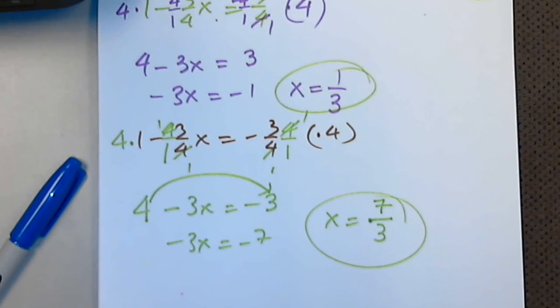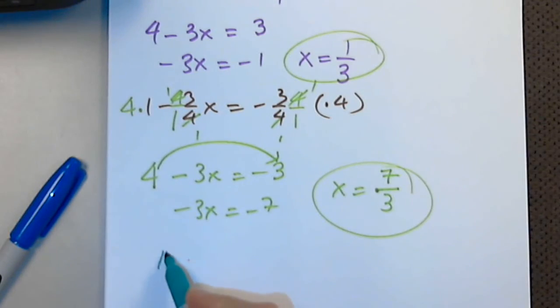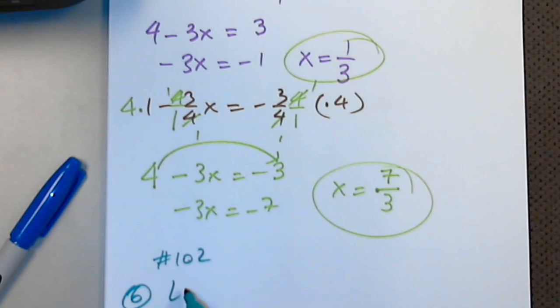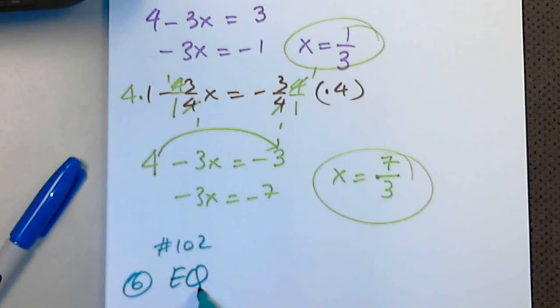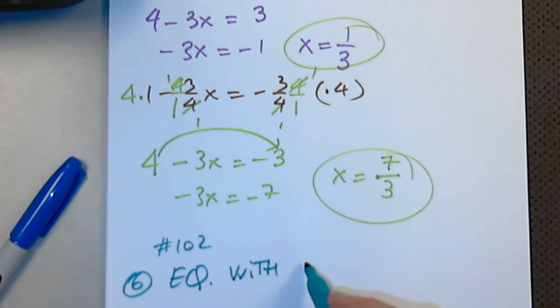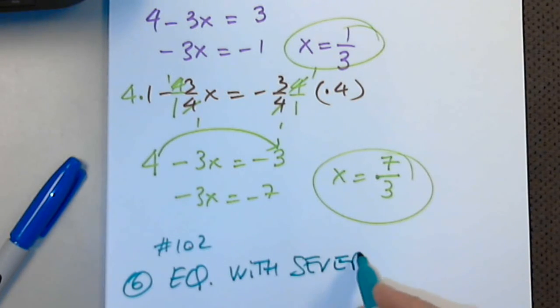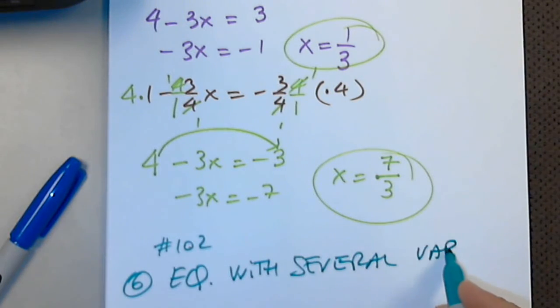And I want to, 101 is recommended, so I'm going to work on 102. Any questions? So this is basically number 6. Equations that are models, and we solve for a letter. Equations with different variables in it, with several variables.